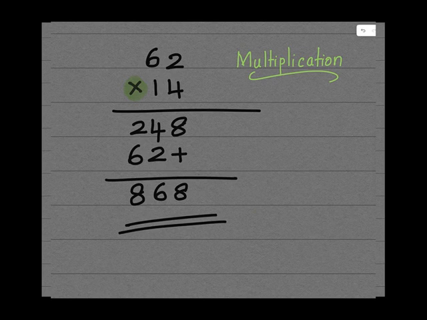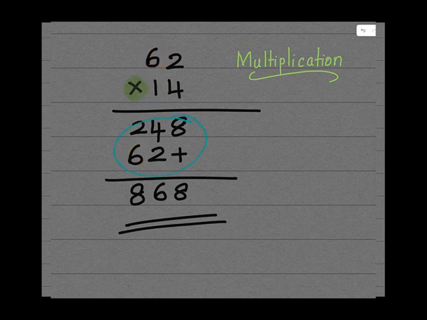Multiplication. 4 times 2 becomes 8. 4 times 6 becomes 24. And then do the next number. 1 times 2 becomes 2. And 1 times 6 becomes 6.